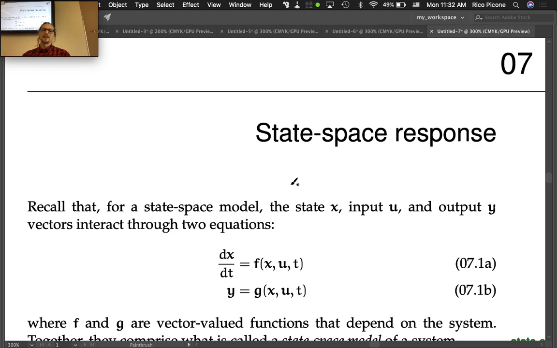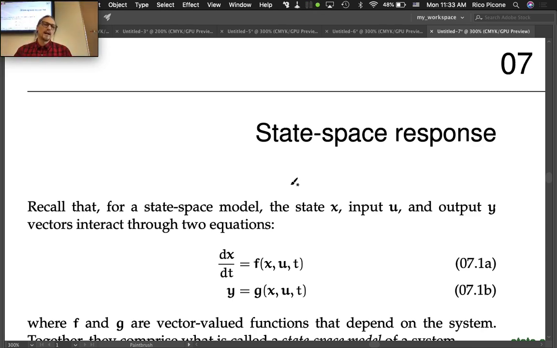Remember, those are differential equation models, and we haven't learned how to do a solution directly on those. So that's what we're going to learn in this chapter. That's the main thrust of this chapter, to construct solutions to state space models directly. It's totally doable and fun in many cases, for linear systems at least.